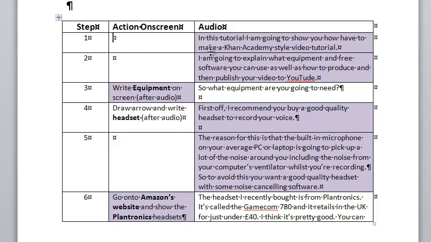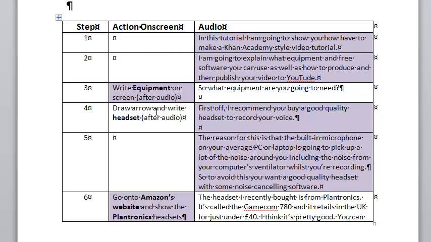Now what I've done here is that usually in scripts there's no description of what comes first, the audio or the on-screen action. But I found that when I was making my scripts, it was important, when coming to use the script, to have it really clear what comes first, the online action or the audio.